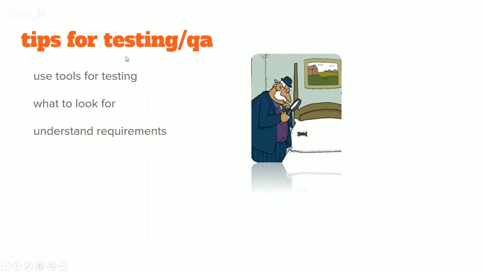Okay. Now, testing and QA, we have a lot of training around this, and I have some resources set up on LinguistLink, if you're on LinguistLink, that you can go through and learn more about testing and QA.